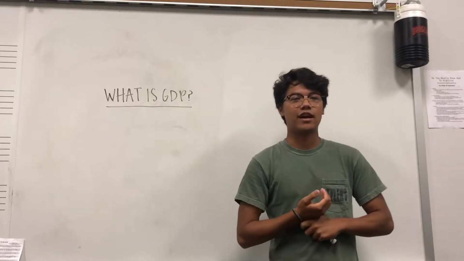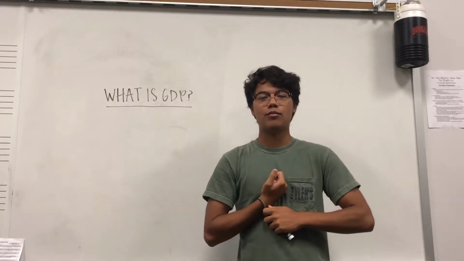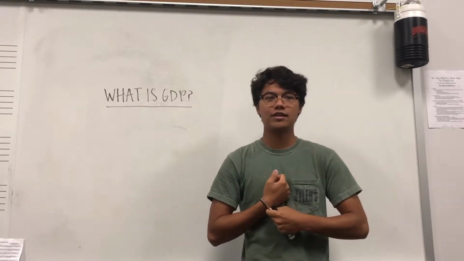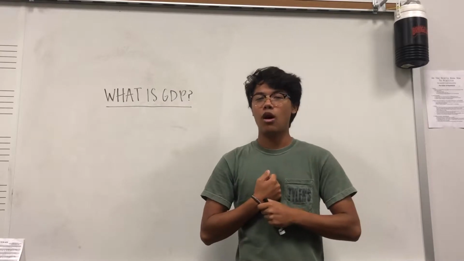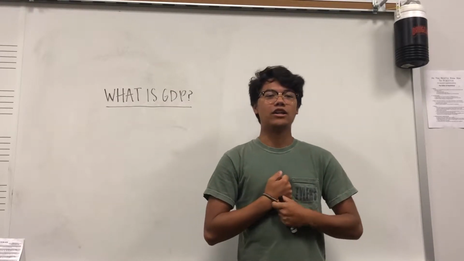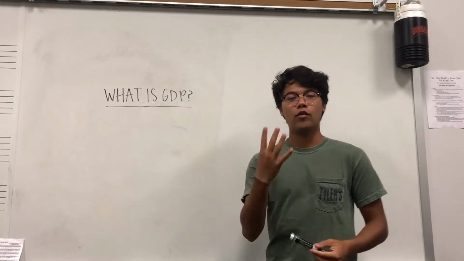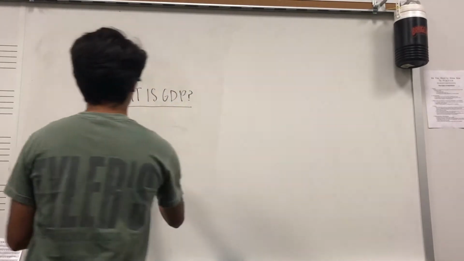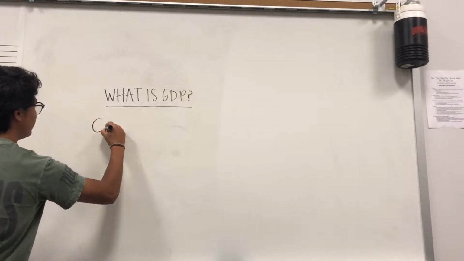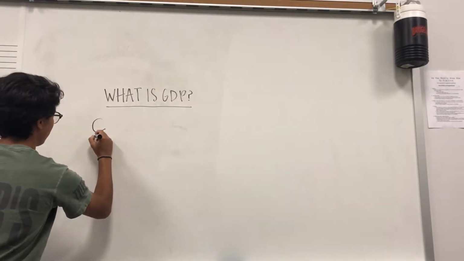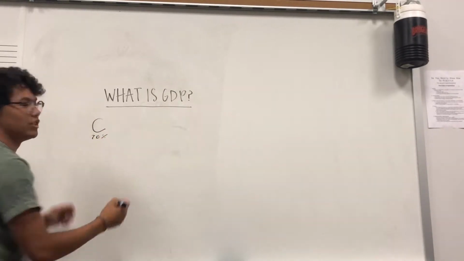Some things to take into account: GDP excludes non-market transactions and illegal activity. It does not measure the quality of goods and services, and it includes products that destroy and harm the environment. There are four components to GDP. There are consumer goods, which we label as C, which account for 70% of the total GDP.